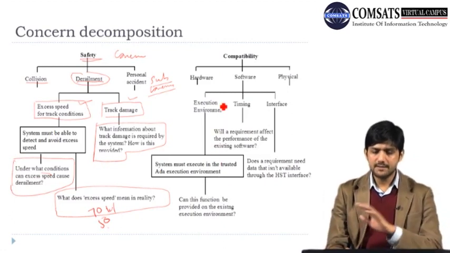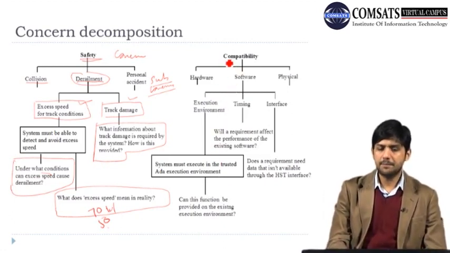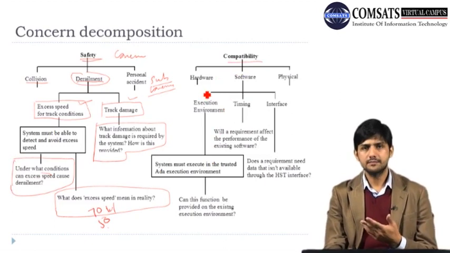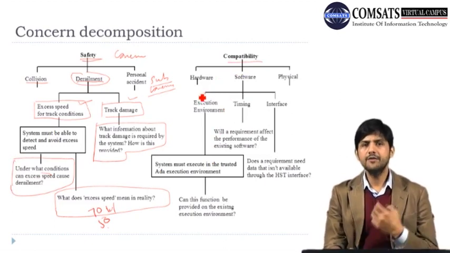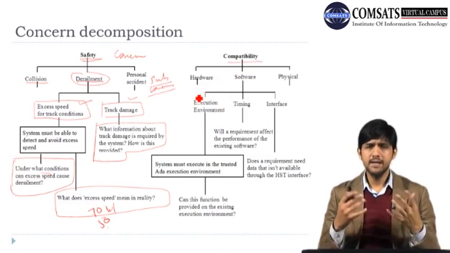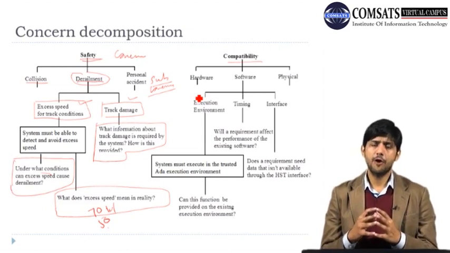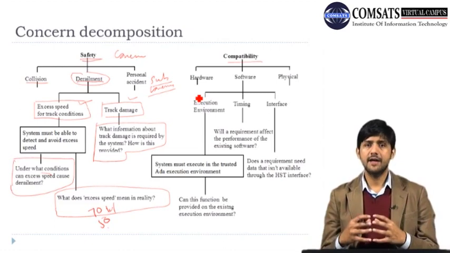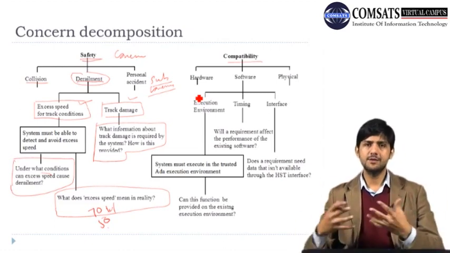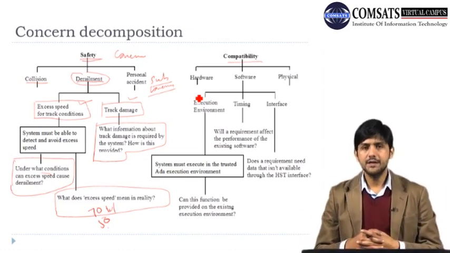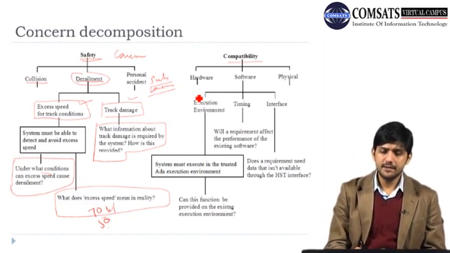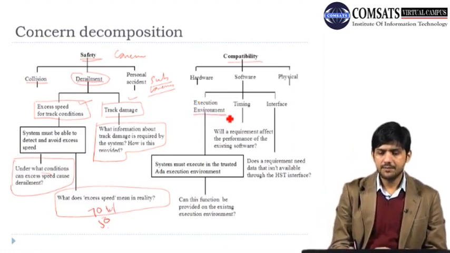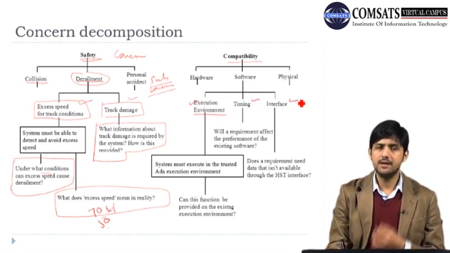Similarly, let's look at this other example, which is a compatibility concern. In terms of compatibility, generally the client or the user wants the product to be compatible with the software, with the hardware that they already have, and with the physical environment in which the product is going to be deployed. In terms of the software, let's say there are three main sub-concerns: the execution environment, timing, and the interface.